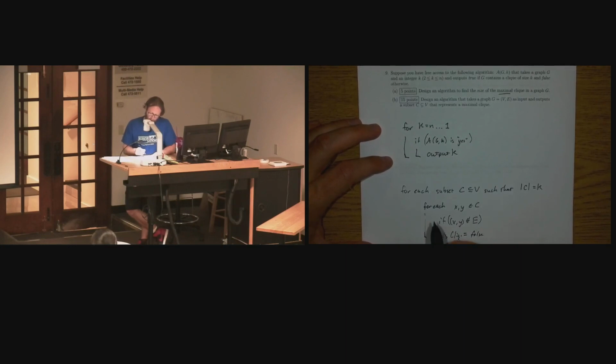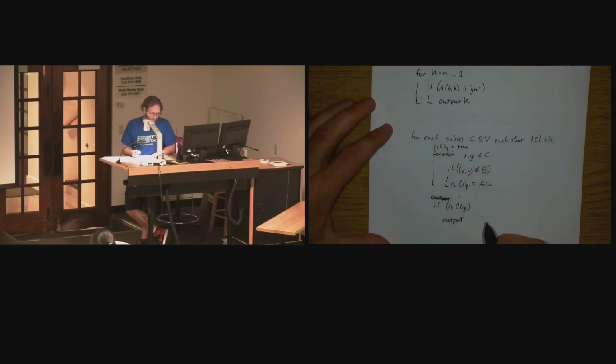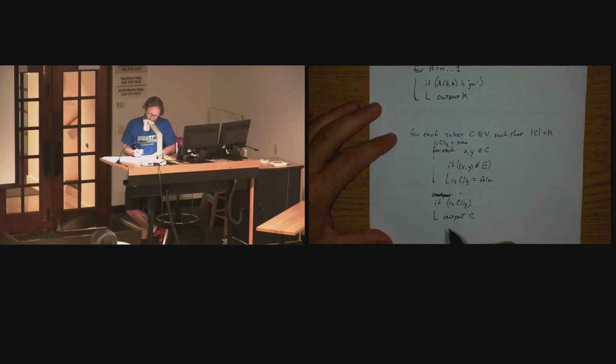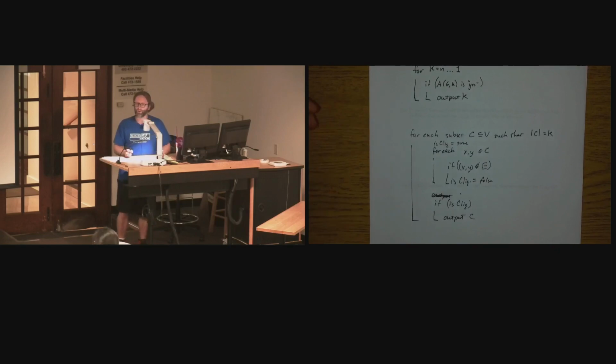And so I need this flag variable here. Is clique, we'll say that it's true, right? And if you are able to verify that it's a clique, then output C. And that's it. That's all we were looking for in an exam.